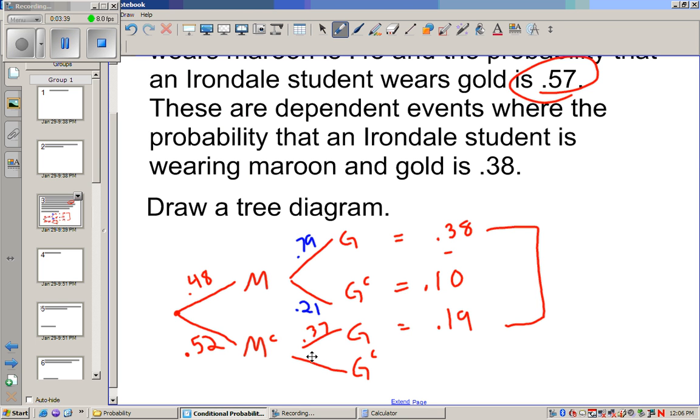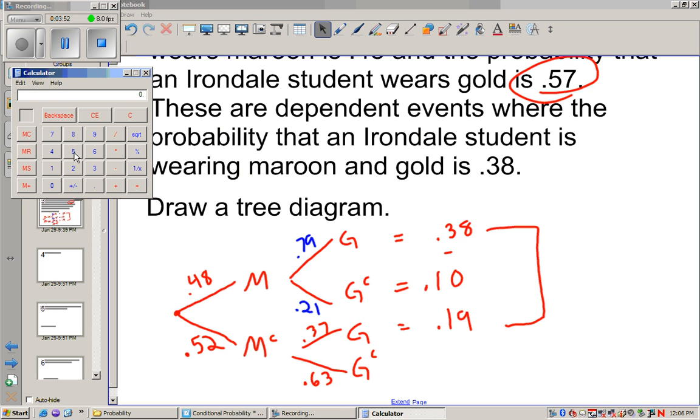And if that's 0.37, 1 minus that will be down here, so that would be 0.63. So to find out that we're wearing neither, we have to do 0.52 times 0.63, which is 0.33.